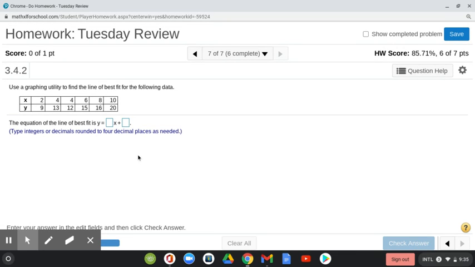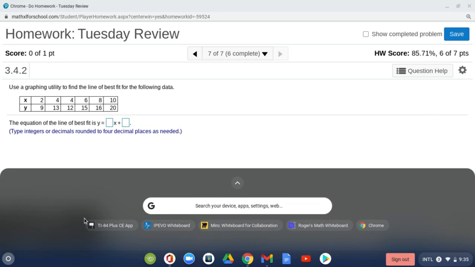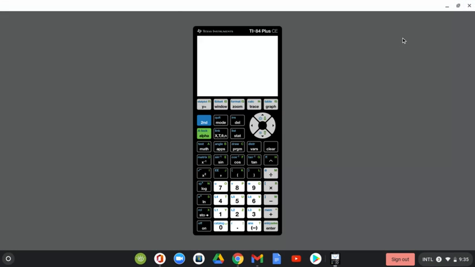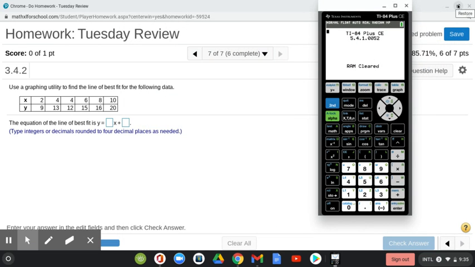So what you want to do is get your calculator and put in your data. So get your TI-84 out. I'm just going to go to Stat, Edit. In L1, I'm going to put the X values. So that is 2, 4, 4, 6, 8, and 10.